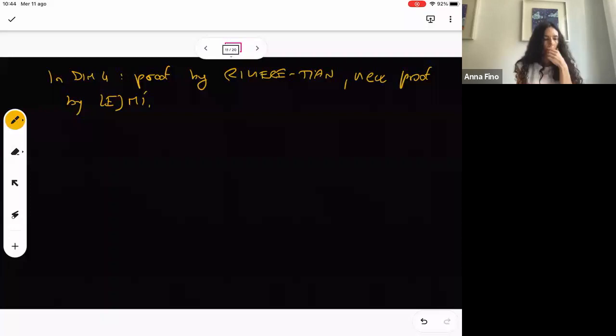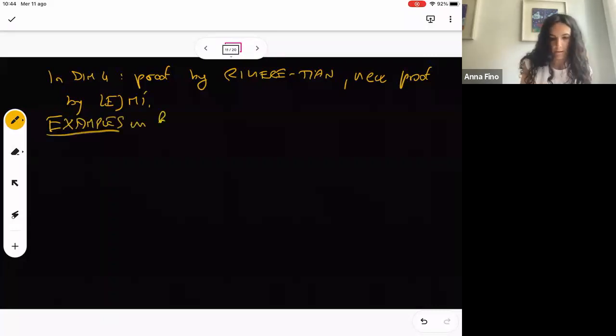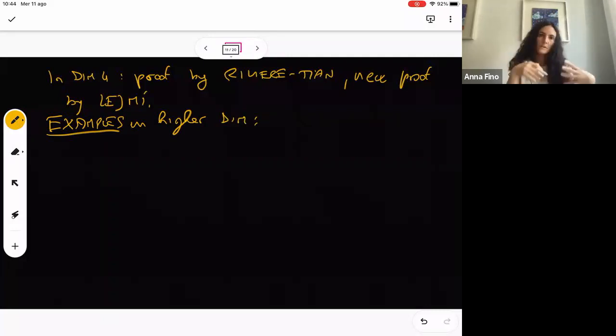Okay, why is it not anymore true in higher dimension? There are explicit examples in higher dimension for which you have an almost complex structure that is tamed by a symplectic form, but that cannot be calibrated by any other.